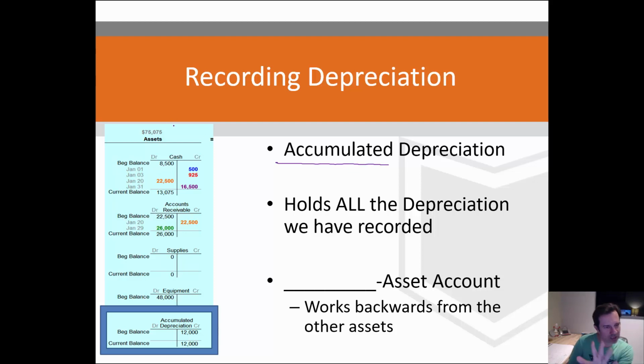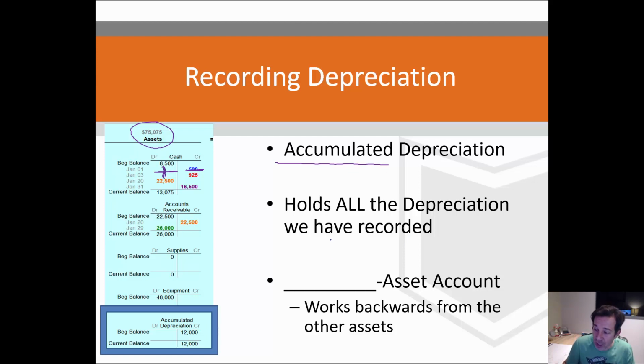Now, here's the wonky thing about it, though. It lives on that asset side of the accounting equation. All right? And you all are good accounting students. You've been taught on the asset side, it's on the left-hand side, so it goes up on the debit, goes down on the credit, and you've learned that. Well, this one works a little bit backwards.